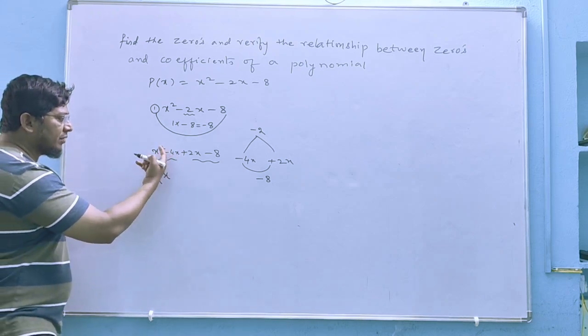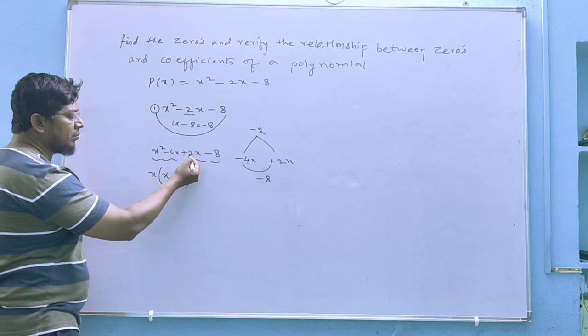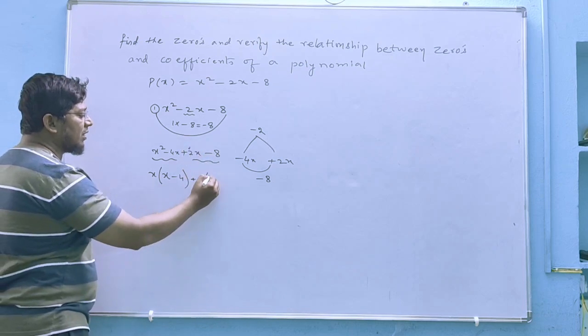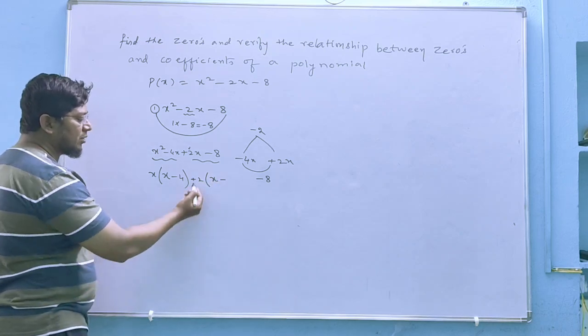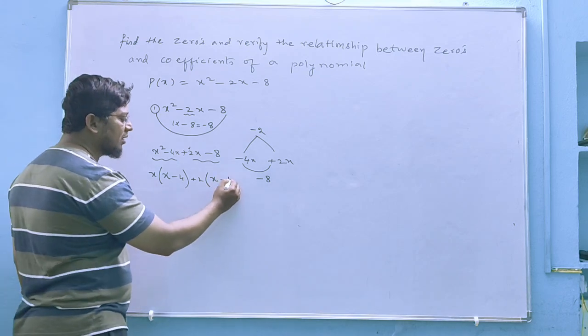x common means what we have? Minus 4. Next, 2 common in plus 2x and minus 8. 2 common means what we have? x only. Plus into minus, minus. And 2 fours are 8, 2 fours are 8.